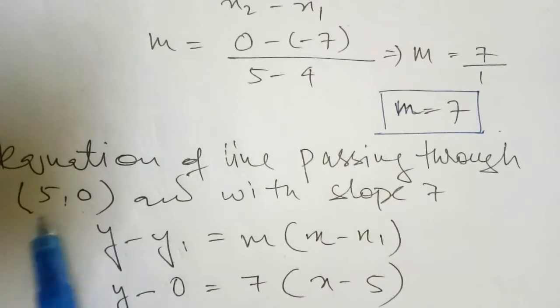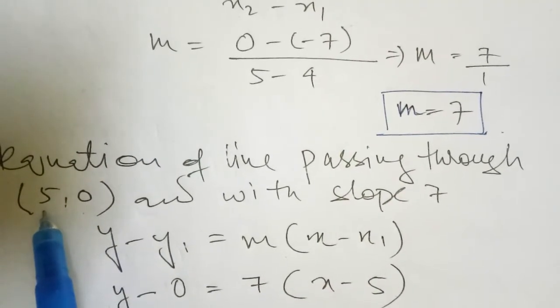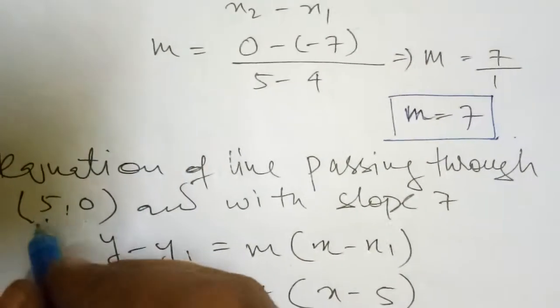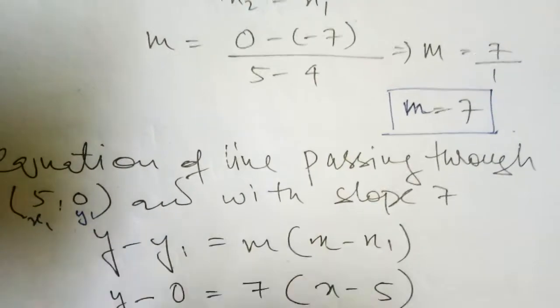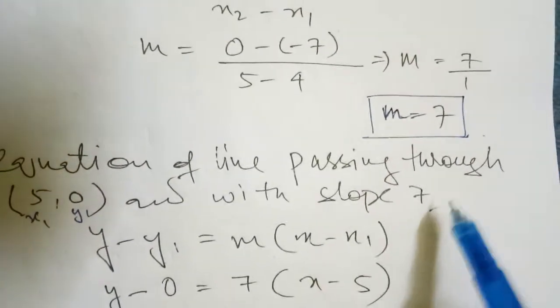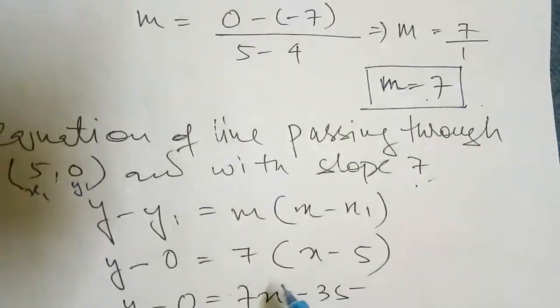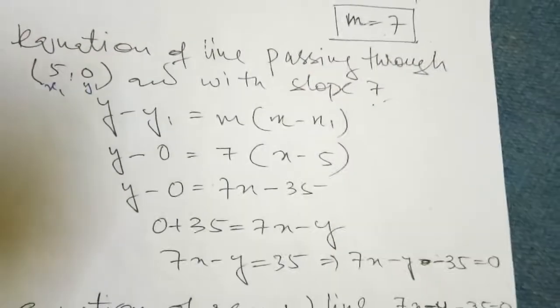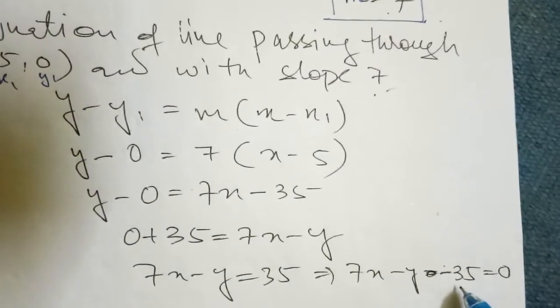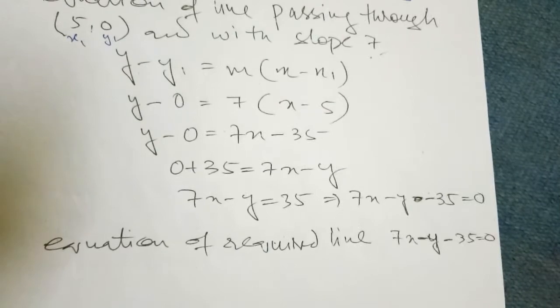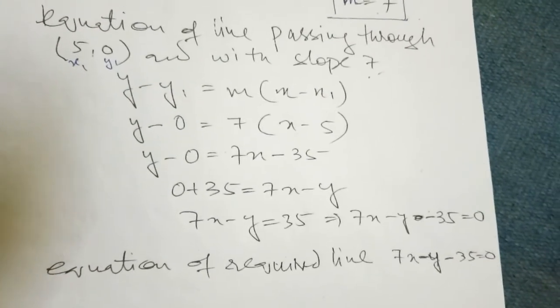Now this is the x1 and this is the y1, with the slope being 7. Just input the values. Now we will get 7x minus y minus 35 equals 0. That means the equation of the required line is 7x minus y minus 35 equals 0.